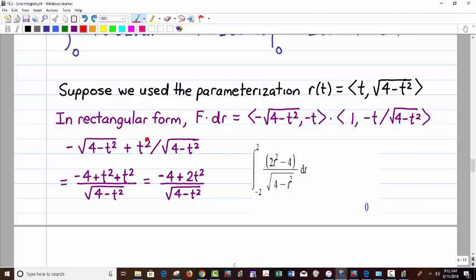Then the dot product will yield these two terms right here. So I got a common denominator, and I ended up not even integrating this one because it would have been too messy. The second integral would have been arc sine. The first one, we would have had to probably use some sort of trig substitution. So I got a common denominator up and down by the radical here, and cleaned all this up and got this integral, 2t squared minus 4 over the square root of 4 minus t squared, from negative 2 to 2. Oh, it turned out being 0.